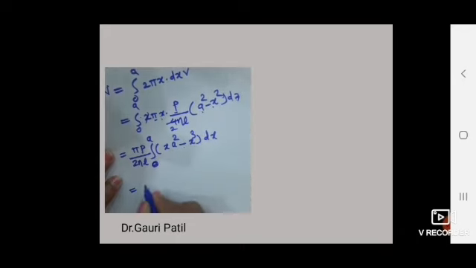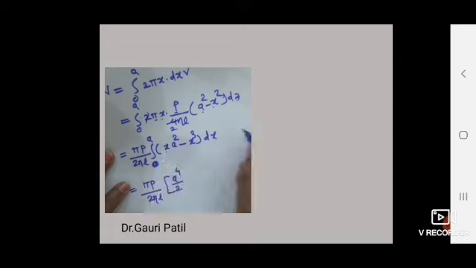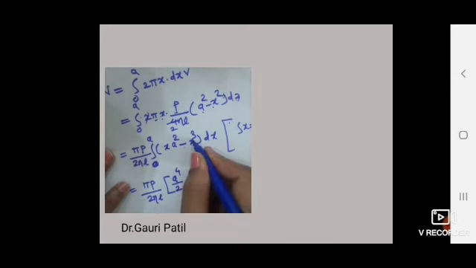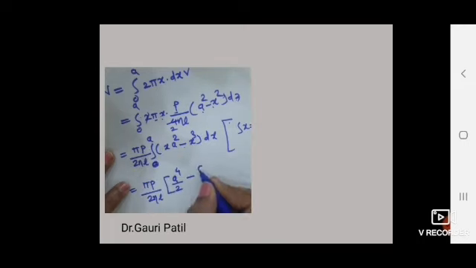So we get pi p upon 2 eta l into the integral. The integration of x is x square by 2, and putting the limit a, we get a raised to 2 upon 2 times a square, minus the integration of x cube, which is x raised to 4 upon 4, giving a raised to 4 upon 4.